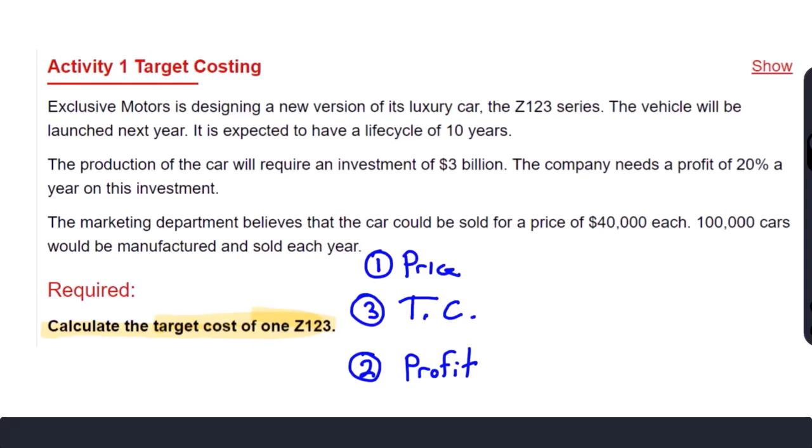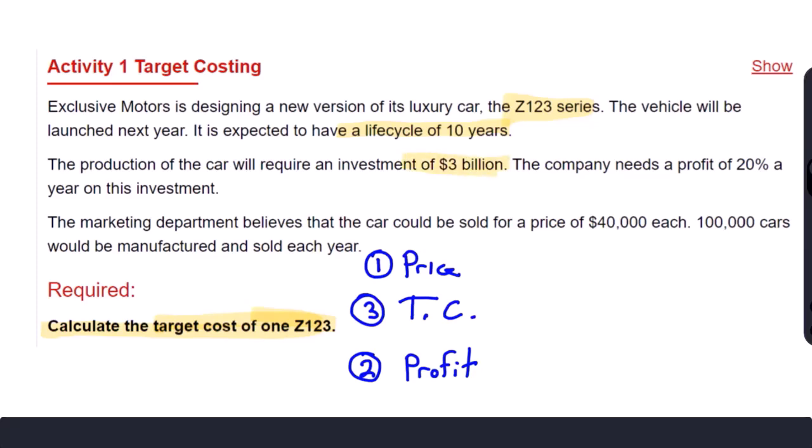Let's read the little story. We have a company, and they are designing a new version of their luxury car, the Z123. They'll launch it next year. It's going to have a life cycle of 10 years. And the production of the car will require a $3 billion investment.